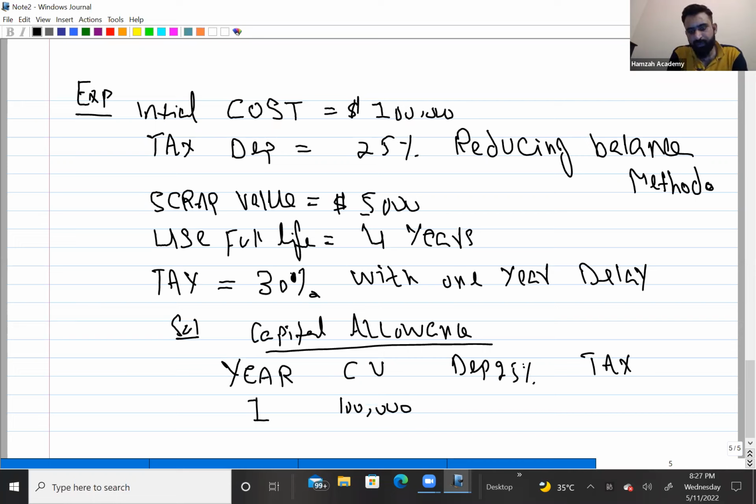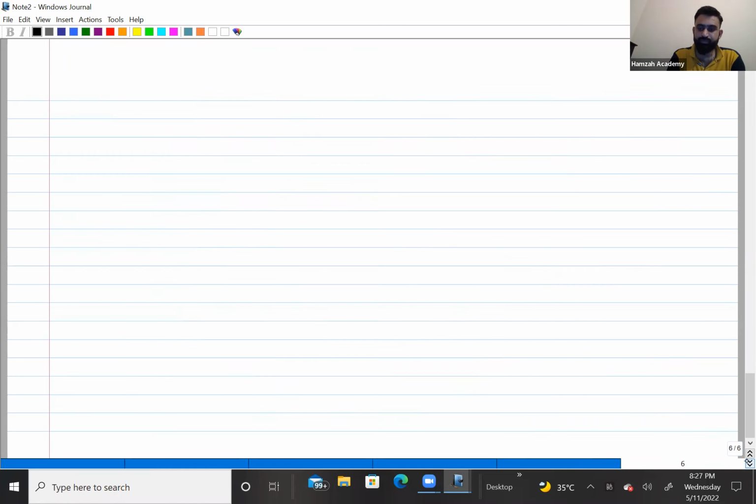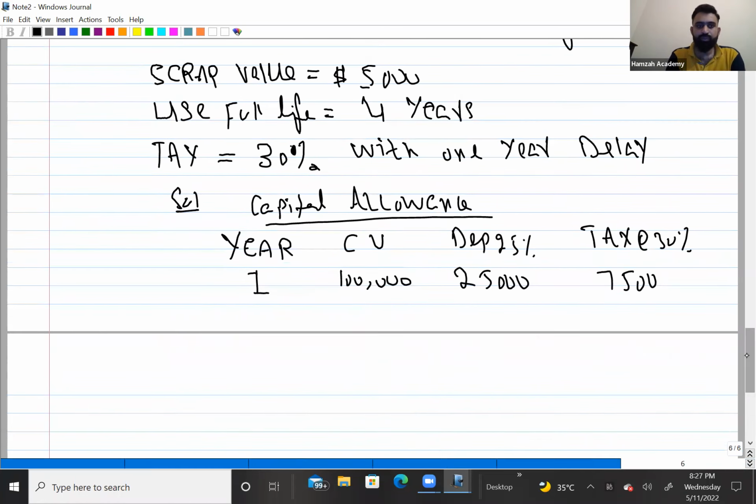Depreciation is 25%, so it will be 25,000. And the tax rate is 30%, so the tax relief will be $7,500. So for year one, this 7,500 is the capital allowance, tax relief.